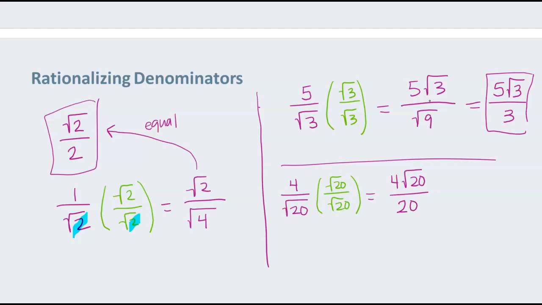If you look at the pattern that we've had, when we multiplied the square root of 2 times the square root of 2, we ended up with 2. The square root of 3 times the square root of 3 ended up being 3. So square root of 20 times square root of 20 is going to end up being 20. And then we want to simplify this fraction, right? The 4 and the 20 have a common factor. So we'll end up with the square root of 20 over 5.